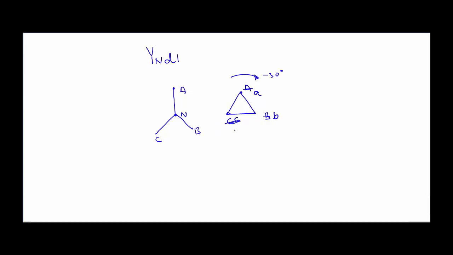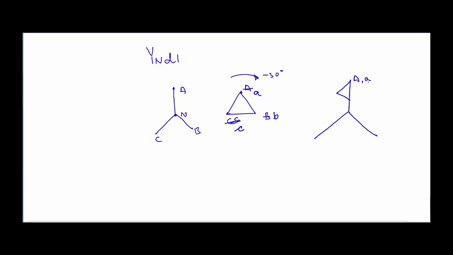So small c will be something like this. If we short capital A with small a, the resultant will be something like this.